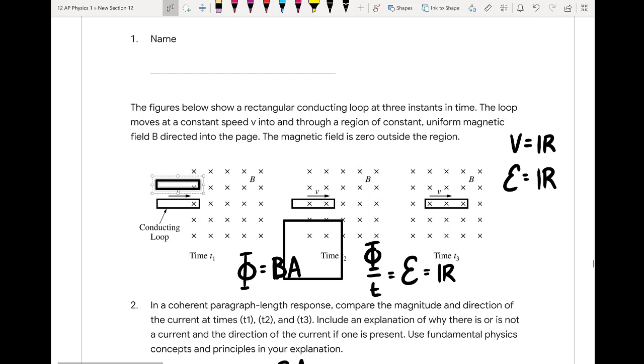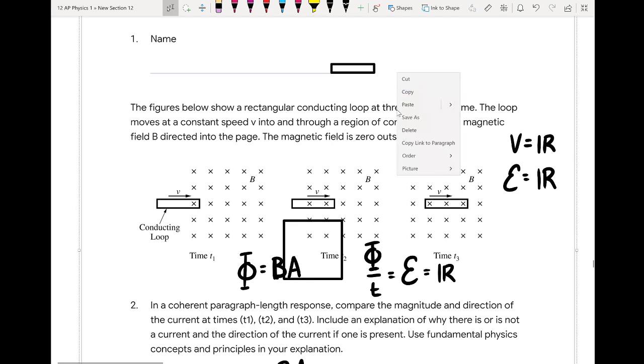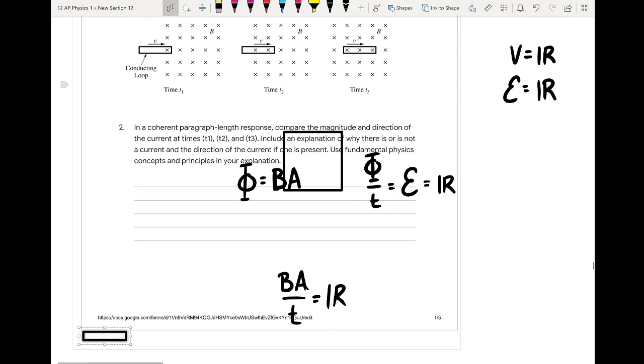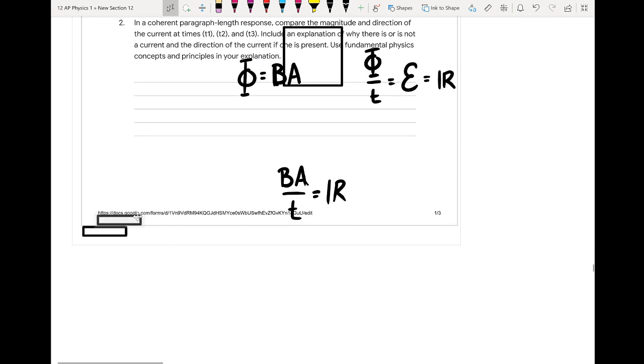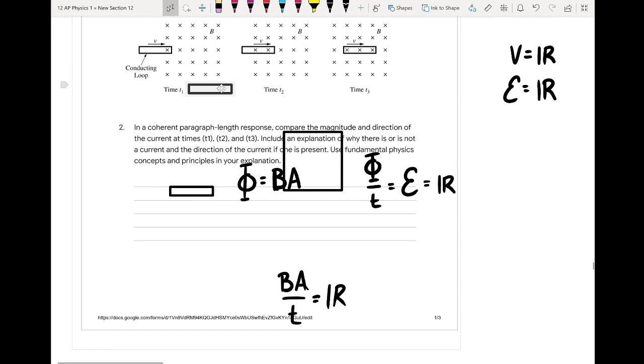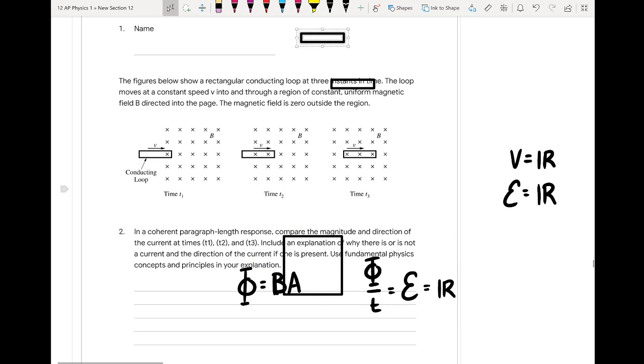So if this is my loop, I'll make a quick copy of it over here. Cool. This loop has some dimensions to it.